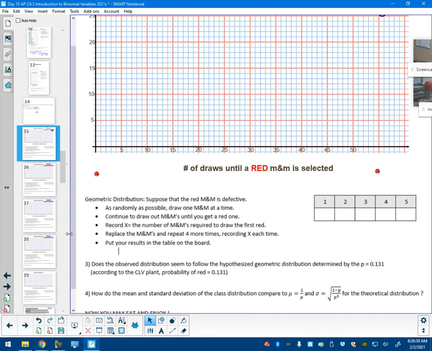As randomly as possible, draw one M&M at a time. Continue to draw out M&Ms until you get a red one, and then record how many it took you until you got to your first red one. So you're going to shake them up and then pull them out one at a time. Don't look in your cup.